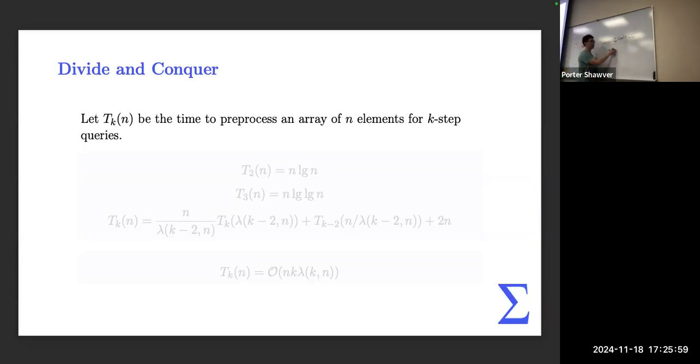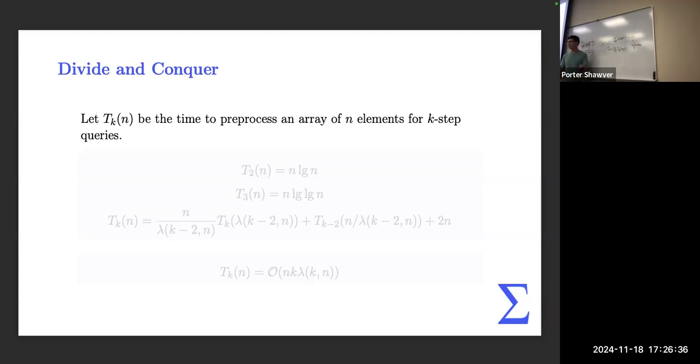To solve this recurrence, we first remember that T2 of n was equal to n log n, which we saw just earlier. So T2 of n over log n is bounded above by n. So we get 3n plus the recursive term on blocks of size log n.